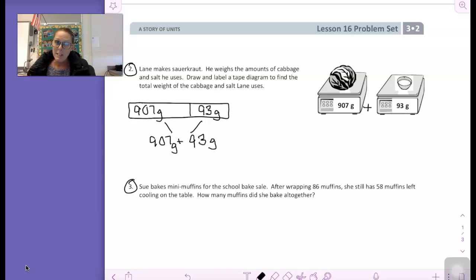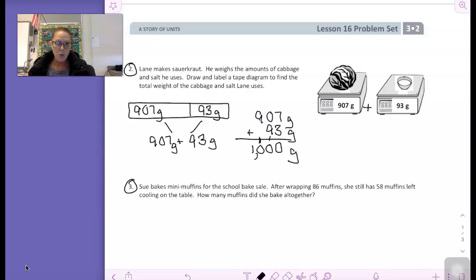We can do this a couple of different ways. I'm going to show you the standard algorithm, 907 grams plus 93 grams. 7 plus 3 is 10. 90 plus 10 is 100, or 10 tens. And 900 plus 100 more is 10 hundreds, which is 1,000. So he uses 1,000 grams.